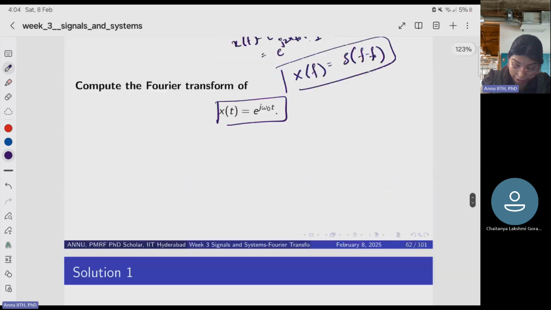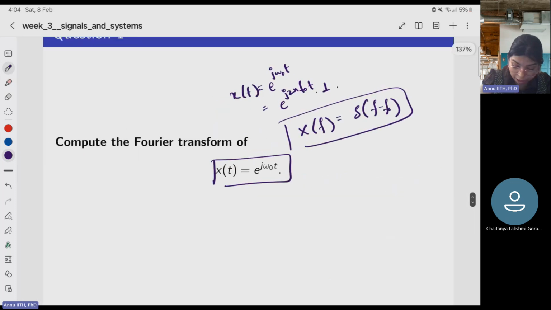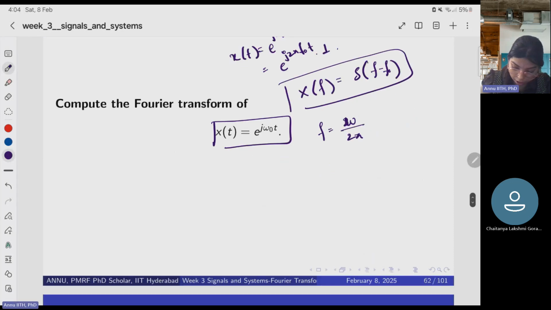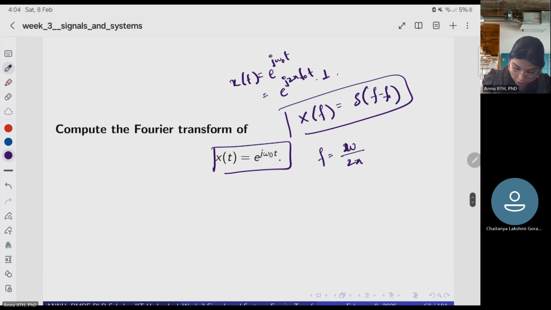And if you want to write it in terms of omega, as we know, f is equal to omega by 2 pi. And delta of t by a is nothing but 1 by mod of a delta of t.